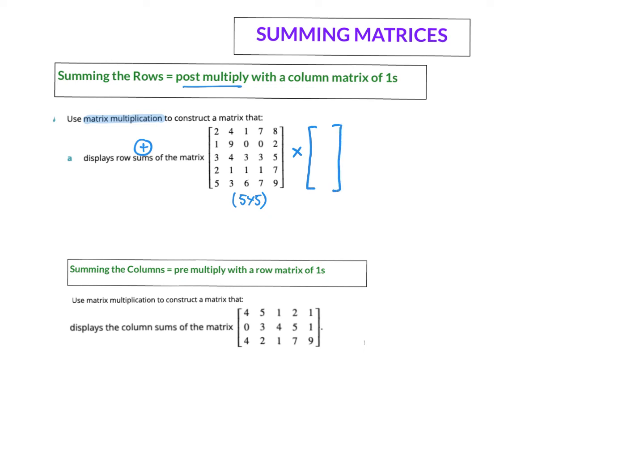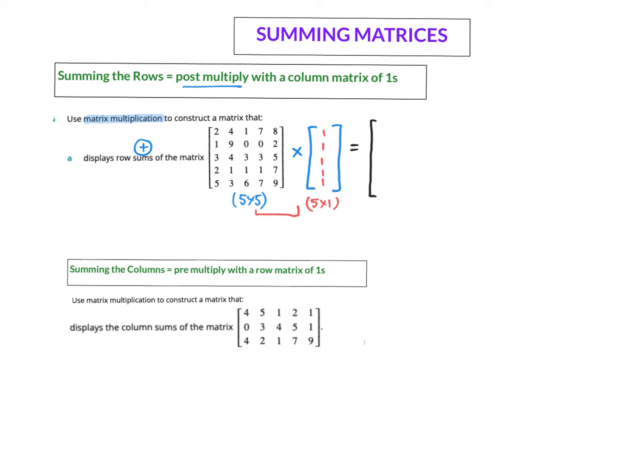Now, you know that this would have to match for you to multiply it. So I'm going to have a column matrix of 5 rows, yeah? So you know a column matrix, it's going to be like that. So if you put ones all down your column matrix, you're going to see that would essentially add up all the rows.